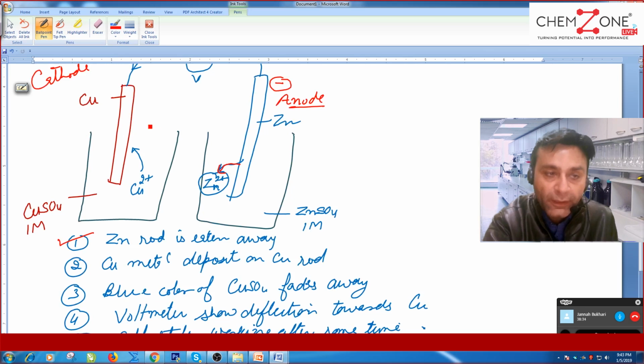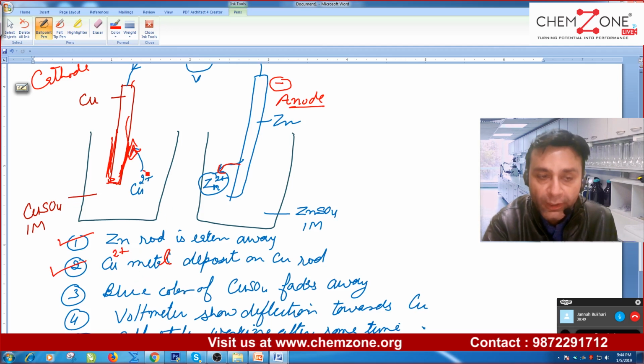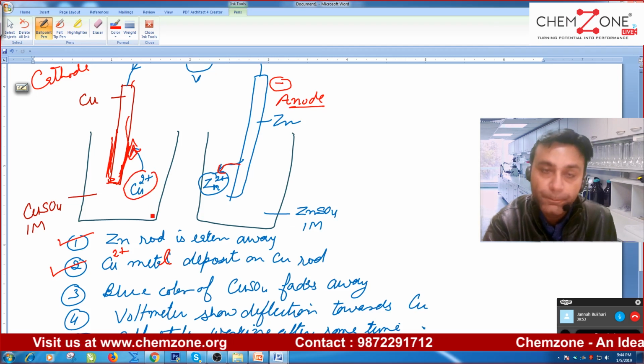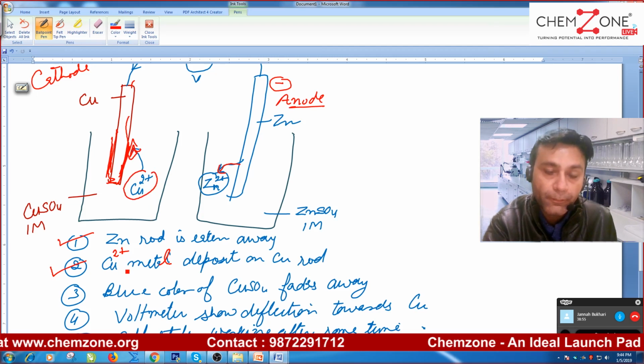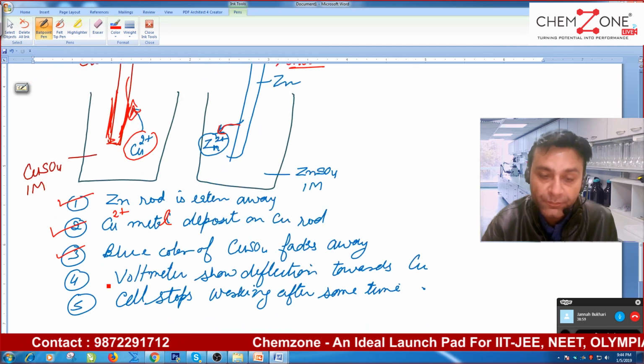When the copper ions get deposited on the copper, because they are undergoing reduction here, the blue color will fade because the concentration of the copper ions will decrease. So this observation is also okay now.